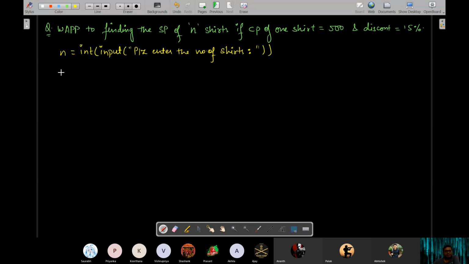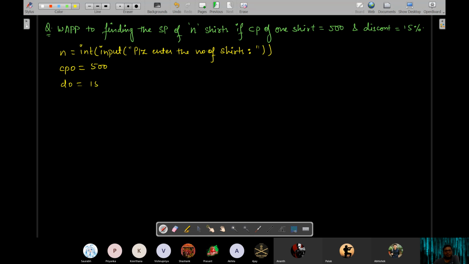Then you will write cost price of one shirt is equals to 500. Discount on one, तो DO लिख देते हैं इसको. Discount on one कितना होगा? 15%.